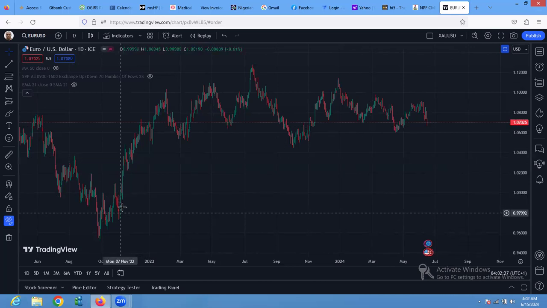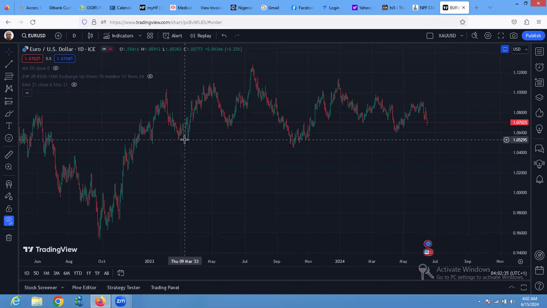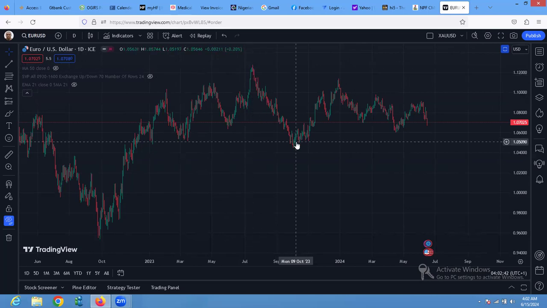When I told the story here, I told the story of a complete move, A of the first correction, A, B, C, of B in the middle, and a C to finish. That was the way I told the story. So we're going to tell the same story around this area too.